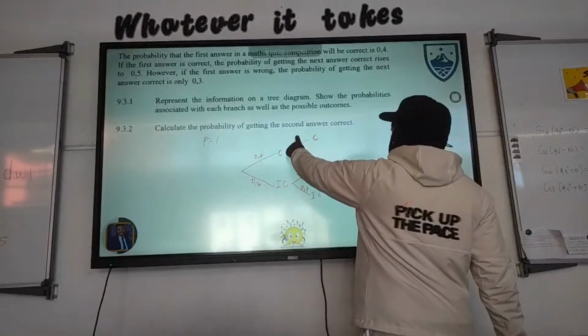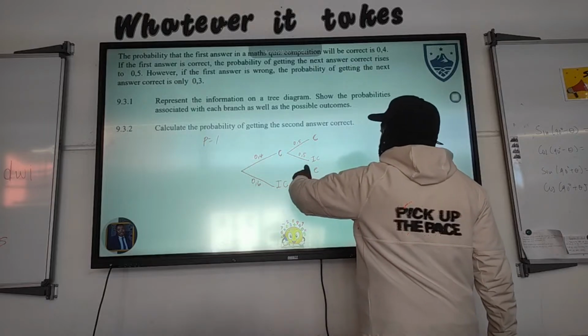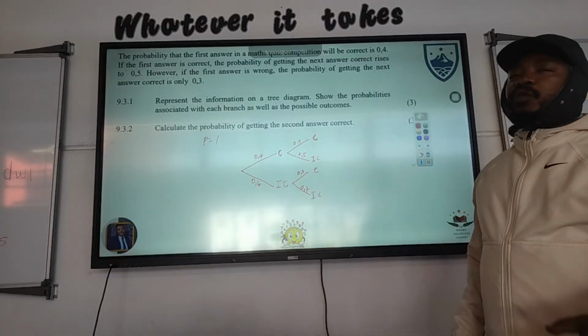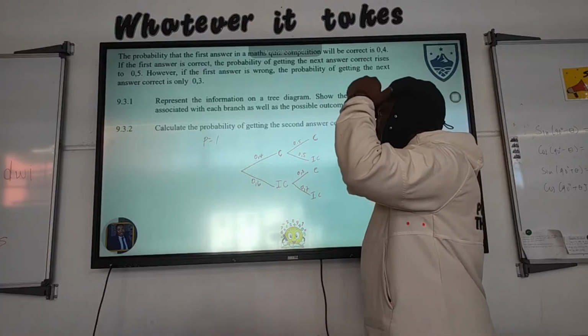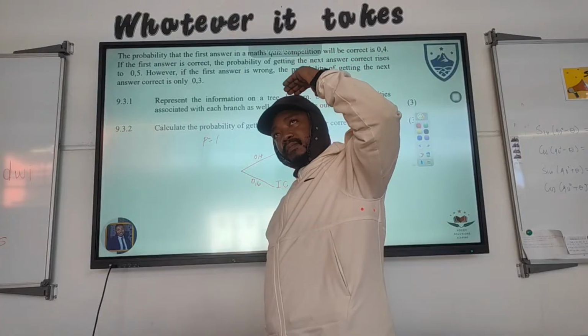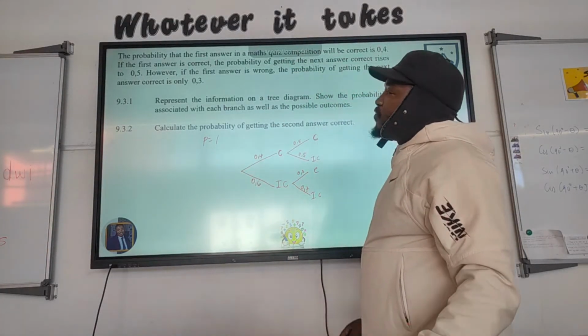If you add these branches, they will actually give you 1. Even more so when we're using marbles, in those 3 branches that we had for 3 different balls, when we add them together, the probability will always give you 1.